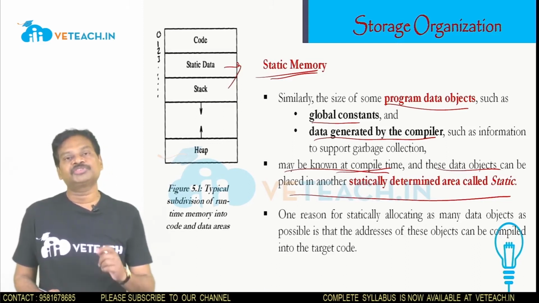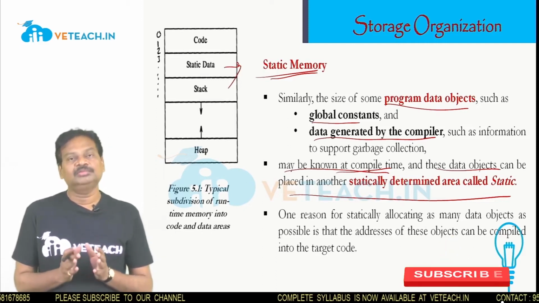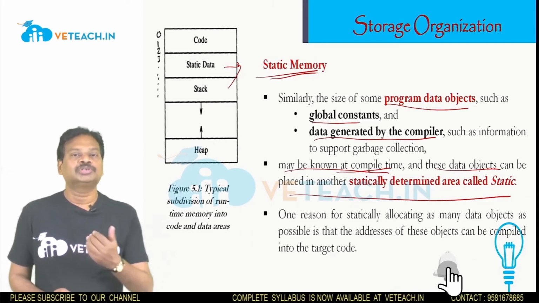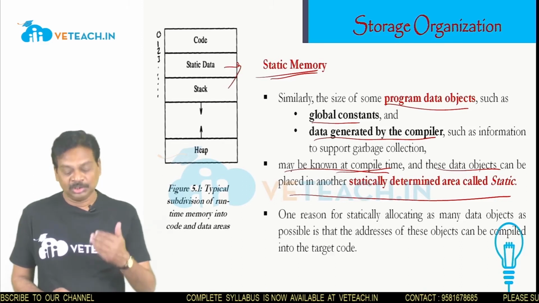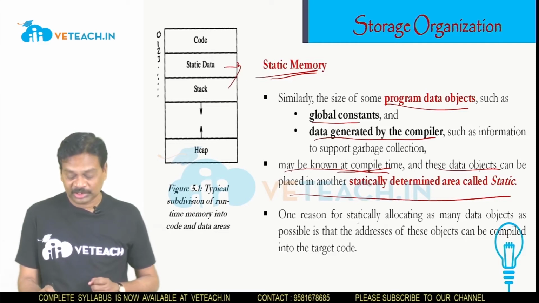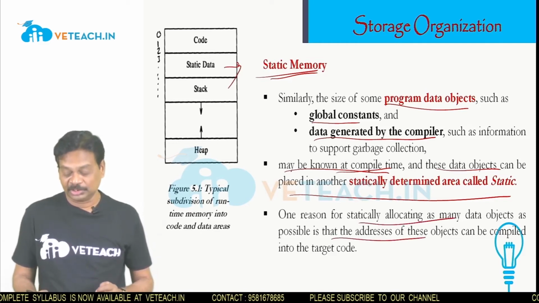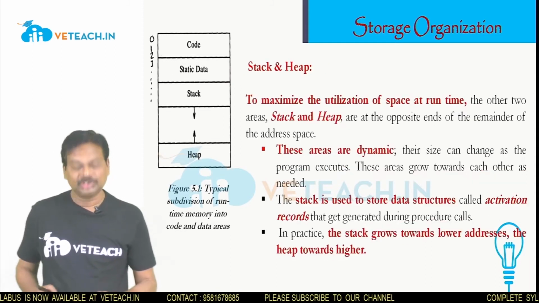All your program instructions are stored in the code memory. In your program you have the main program and the subprograms, and whatever variables you have declared in the main program are stored in the static data area. One reason for statically allocating as many data objects as possible is that the addresses of these objects can be compiled into the target code. That is the advantage.